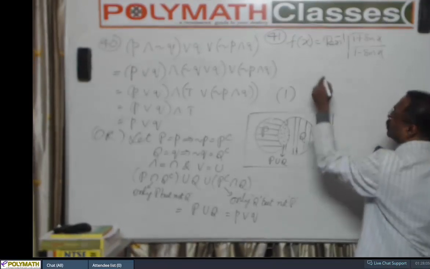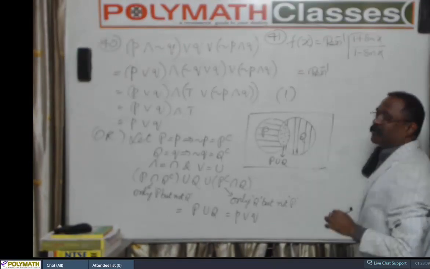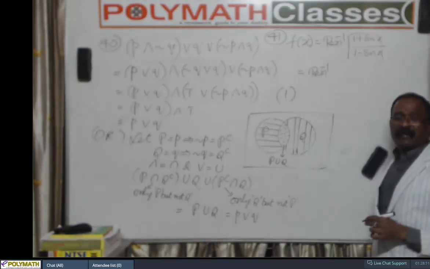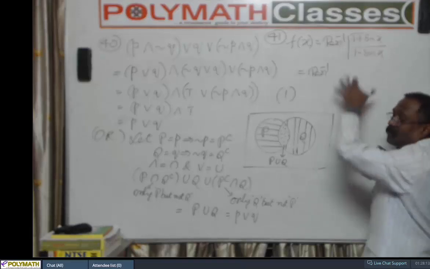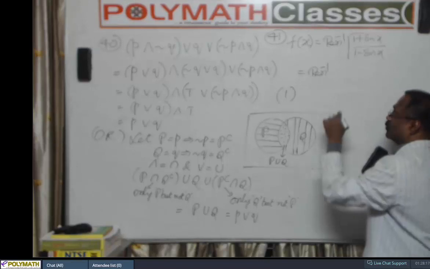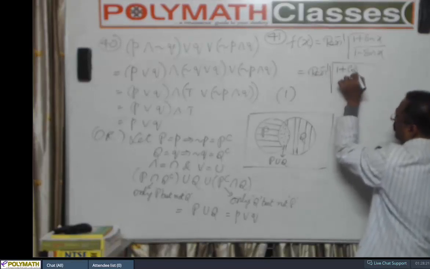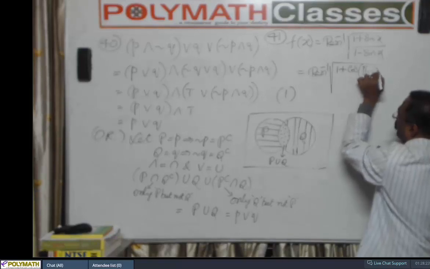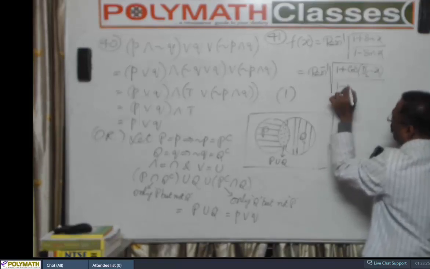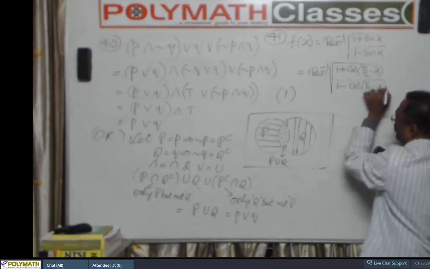So you cannot straight away differentiate it because it is a bigger expression. If you simplify that, it will be more comfortable. Like tan inverse of root over (1 plus cos of (pi by 2 minus x)) by (1 minus cos of (pi by 2 minus x)).